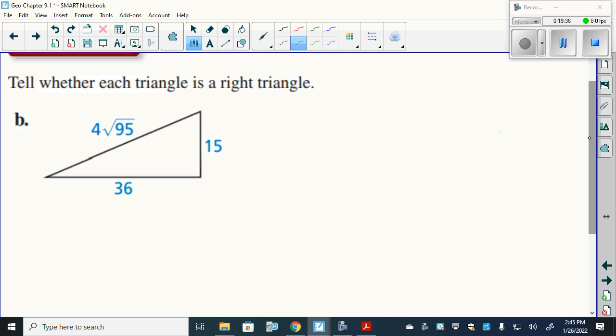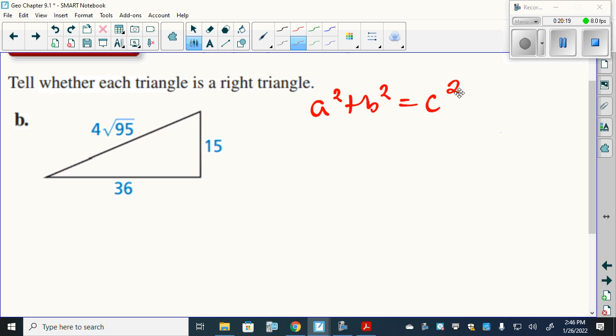So we have this figure here. And we're going to use the Pythagorean theorem to determine whether or not it is a right triangle. So using a squared plus b squared equals c squared. 4 square root of 95 is going to be the biggest side length, because it's going to be almost 9.5 times 4.